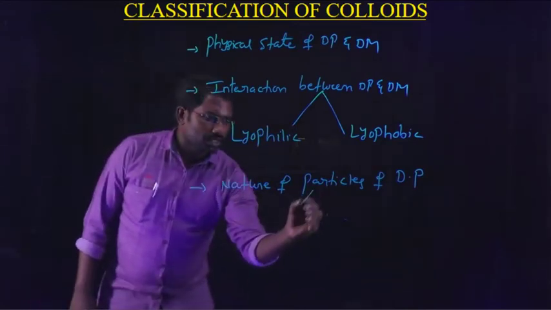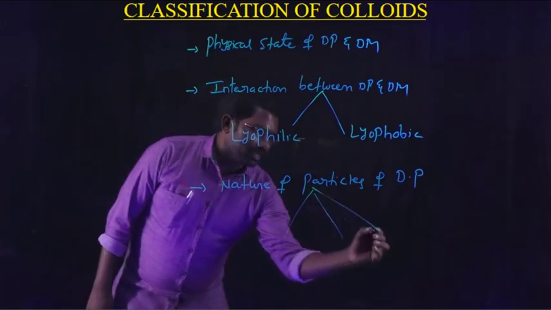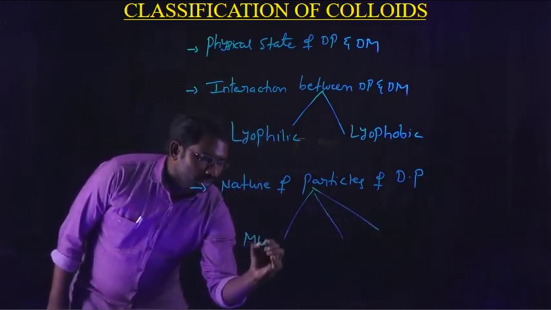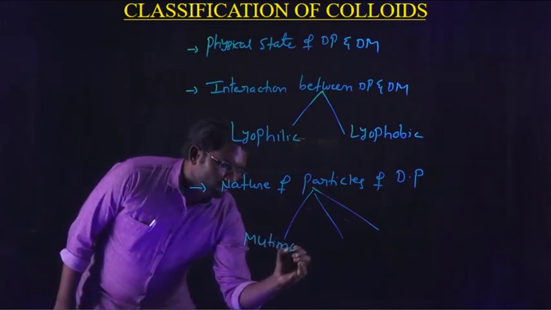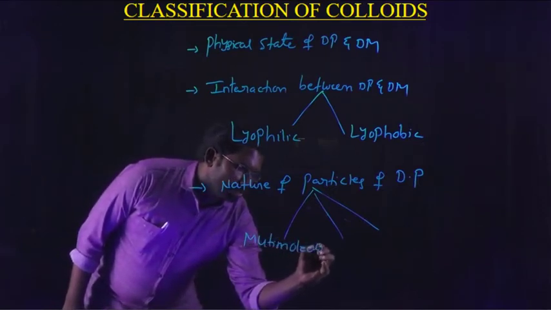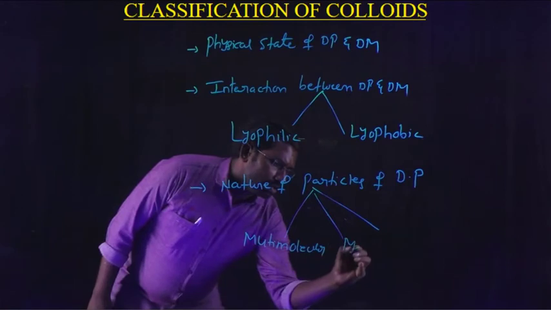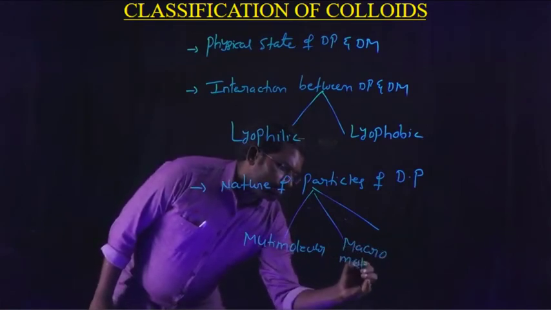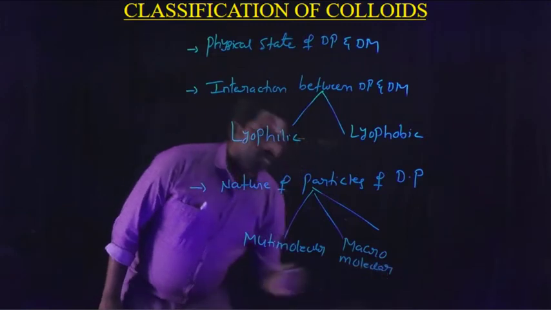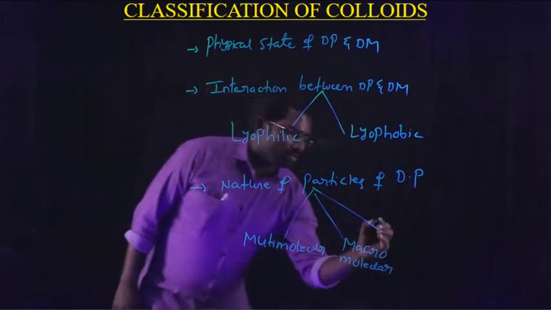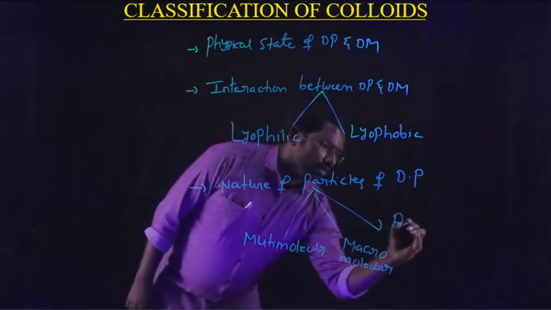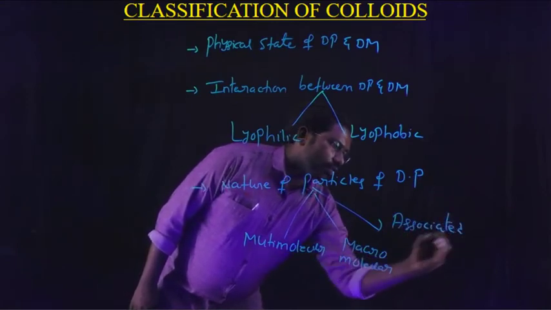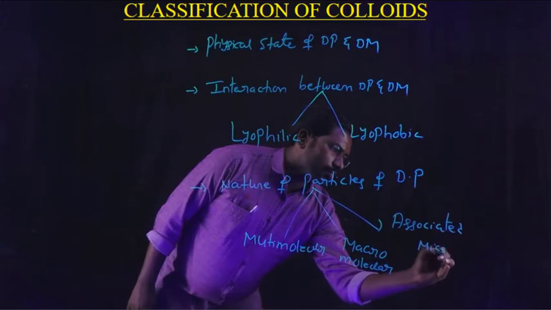Again, colloids are classified into 3 categories. First one is multimolecular colloids. Second one, macromolecular colloids. And third one, associated colloids. Associated colloids are simply micelles.